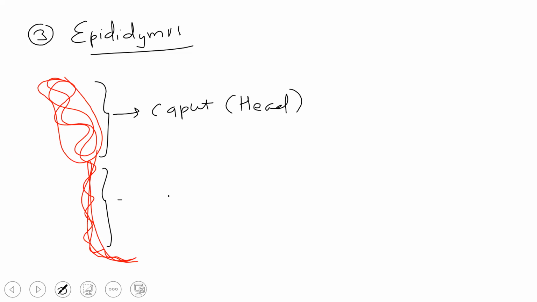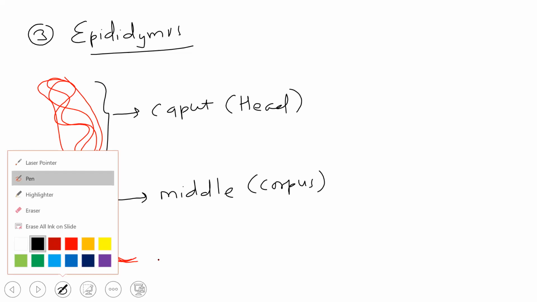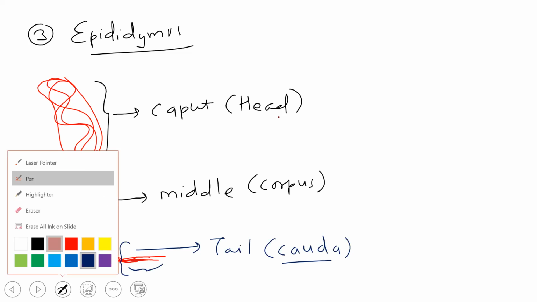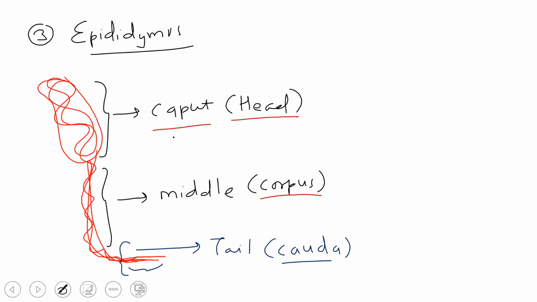This part is what we call middle part or corpus. Then we have this part which is tail, what we call cauda. So they ask what are the three parts of epididymis? Caput, corpus, cauda. Head, middle, also termed as body part.